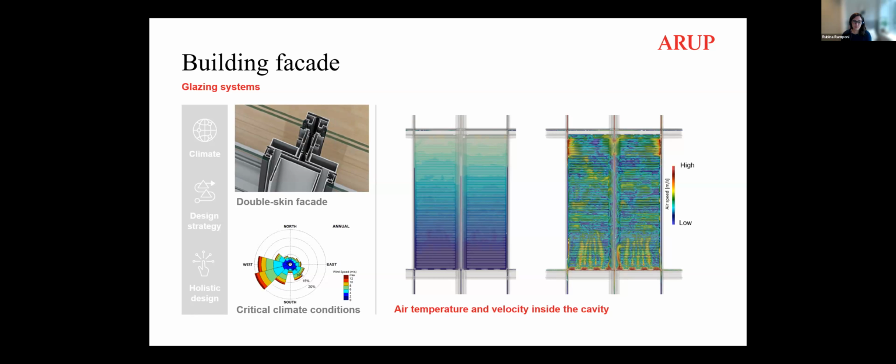With traditional thermal analysis methods, we could get a very simplistic view of the results, but CFD really helped us understand the stratification inside the glass and also the air distribution and the velocity across the whole panel, to visualize and understand the air processes inside the cavity.